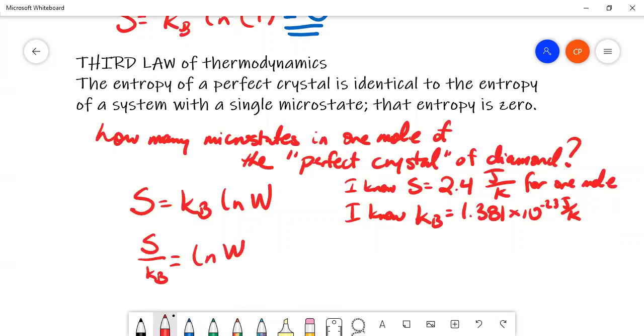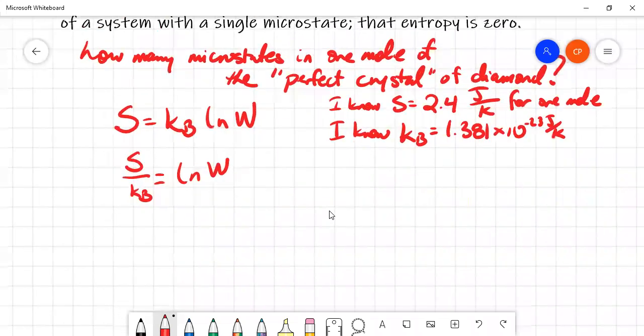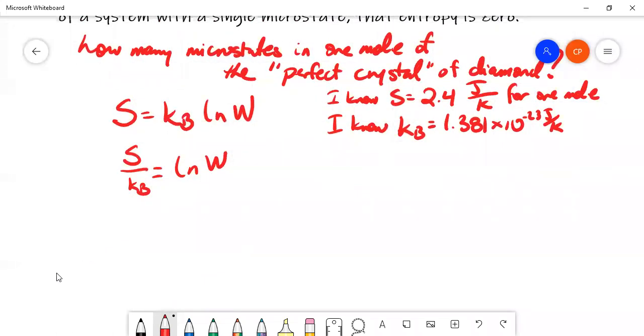Okay? Now, W's buried underneath that natural log thing. And so somehow algebraically, I need to undo that natural log thing. How do I undo the natural log? This is where the exponential function comes in.